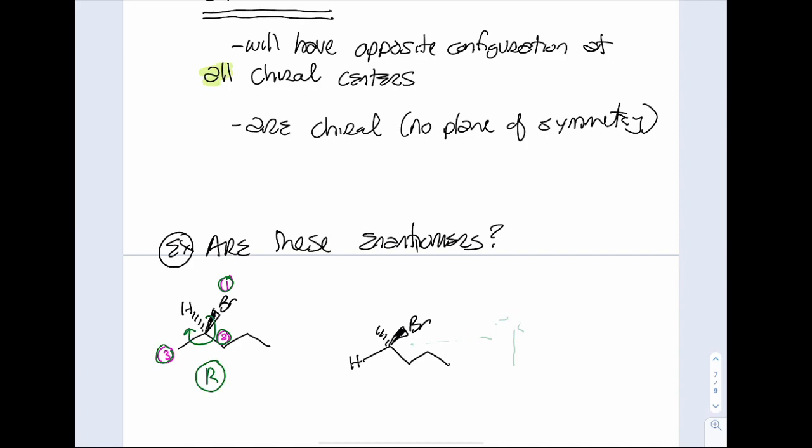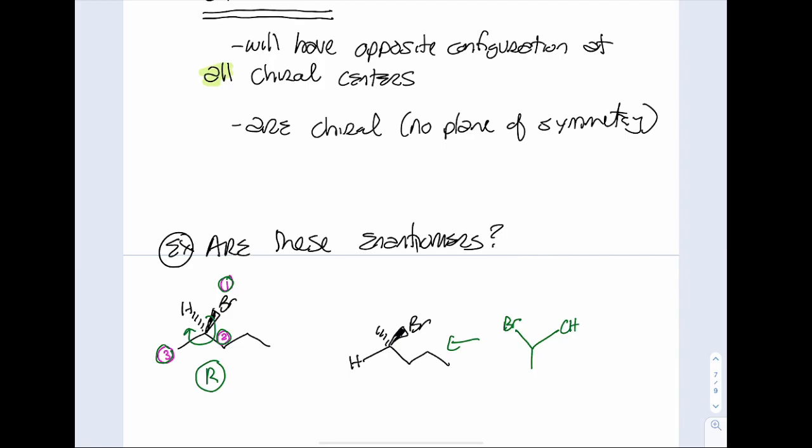If you have a hard time doing that, then I'm going to draw almost a Newman-y sort of looking thing. It's not, because I'm not drawing both carbons, I'm just drawing the front. But when I do that, and again, I'm just looking down this direction, my bromine is going to be over here.